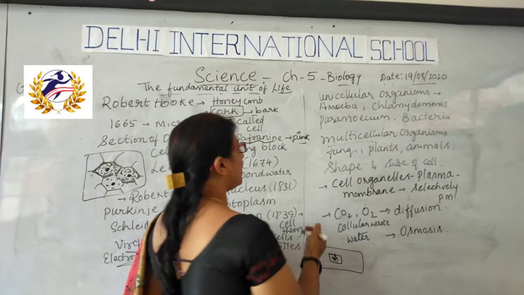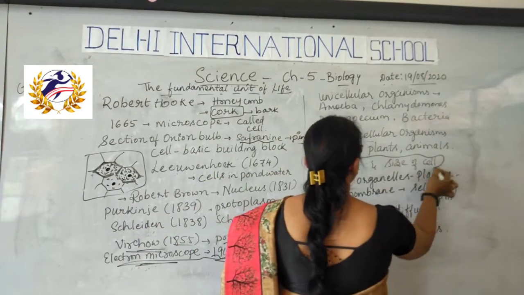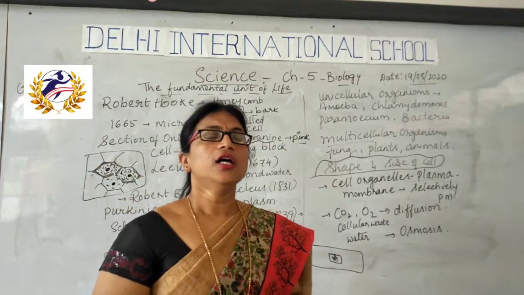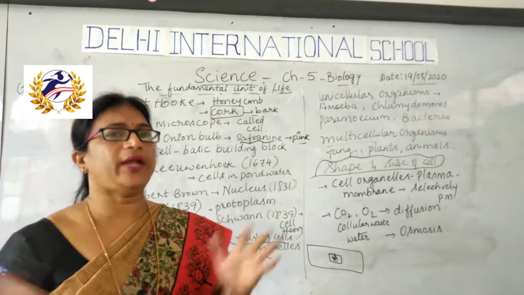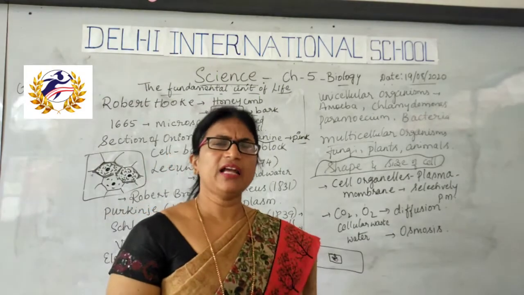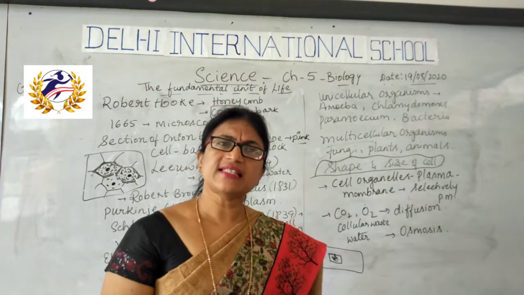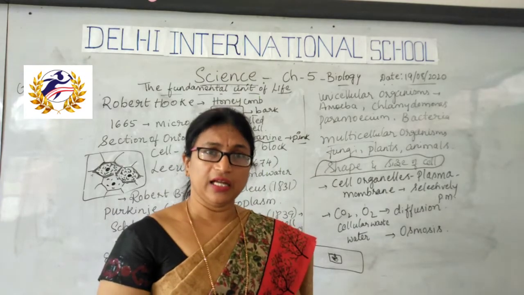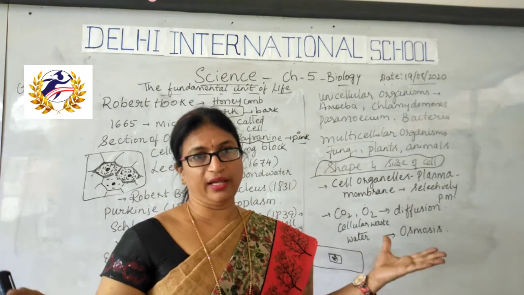And one more thing we have to remember: the shape and size of the cell. An elephant is very big, isn't it? A rat is very small. Does the size of the cell also vary with the animal size? Is an elephant cell bigger than a rat cell?